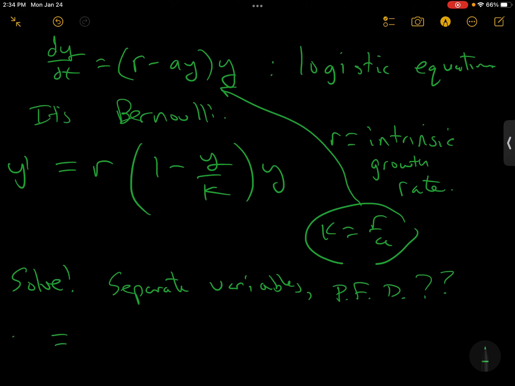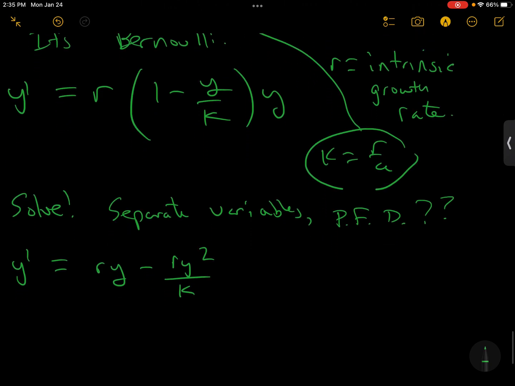So now we have y prime equals ry minus ry squared over k.